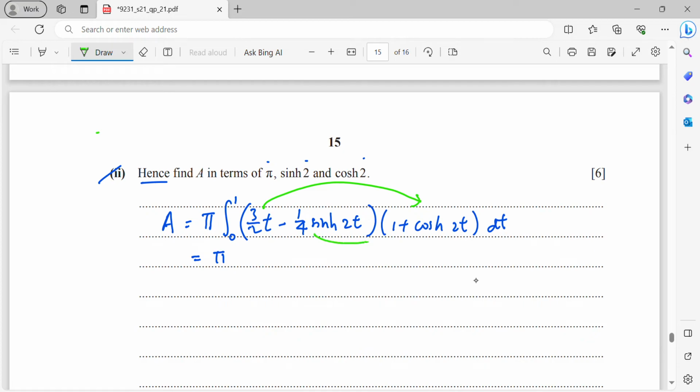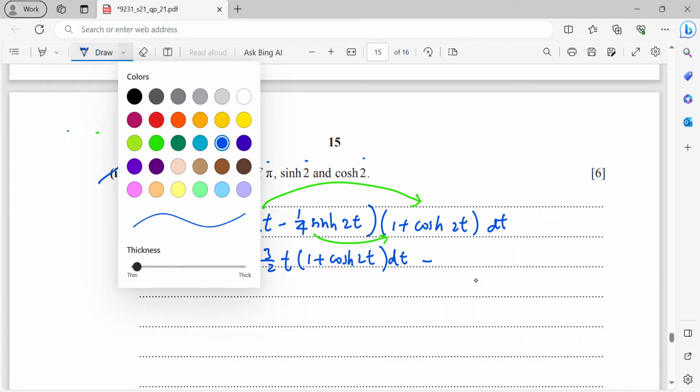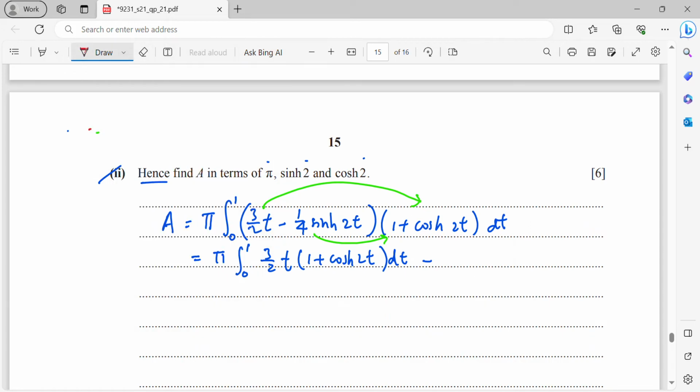Second integration will be negative 1 over 4 sine 2t multiply with the next bracket. So these are my 2 integrations.